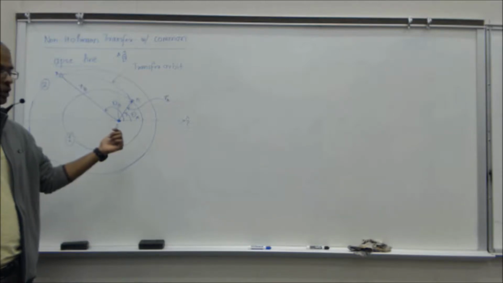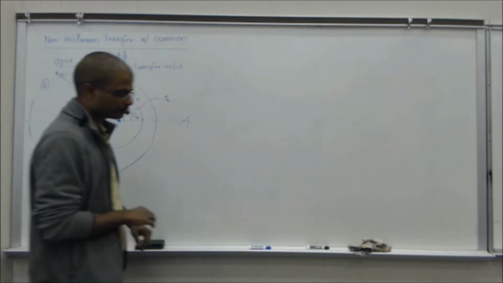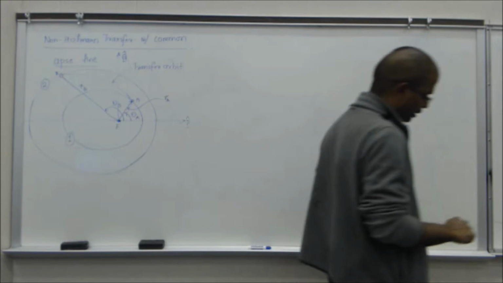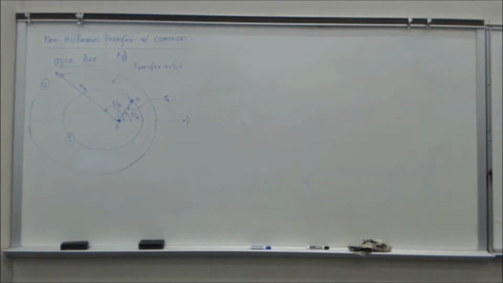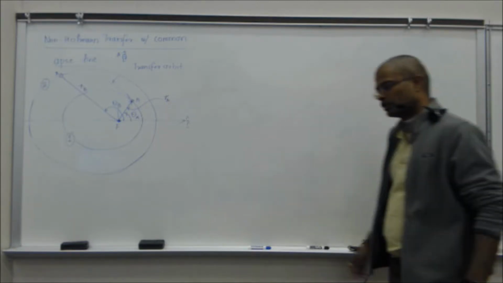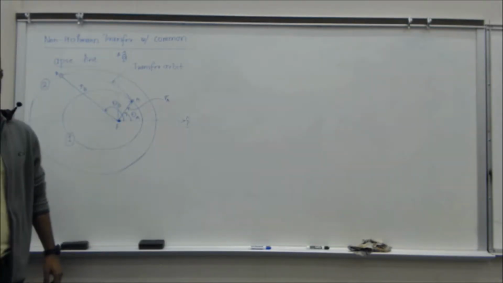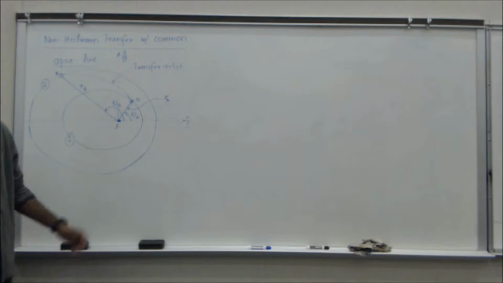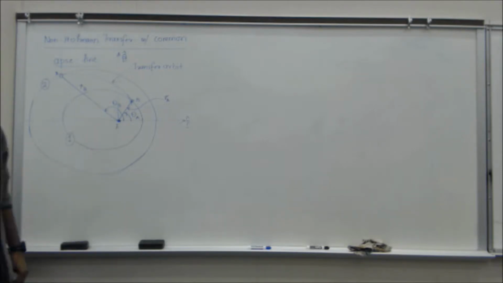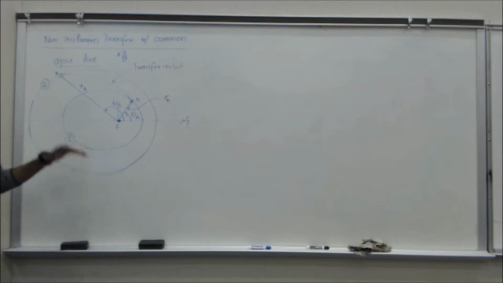And the orbits for Hohmann transfer are concentric, right? They have the same center, which may not be the case for this one. But the apse line for this is the same.